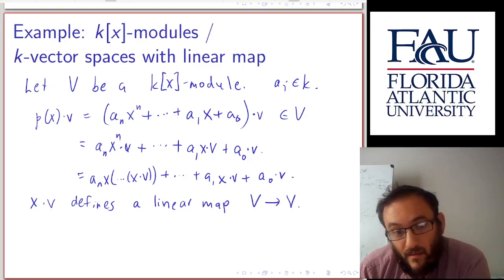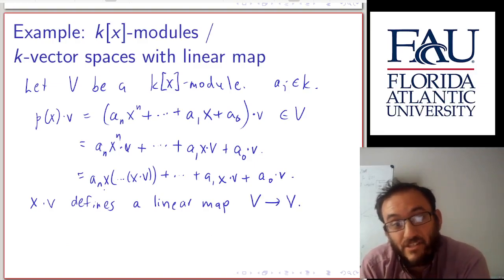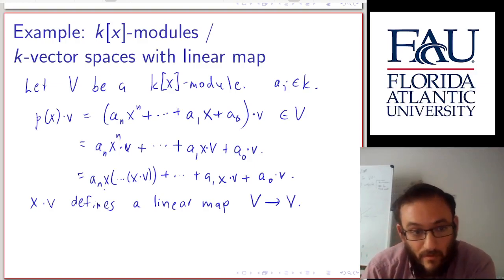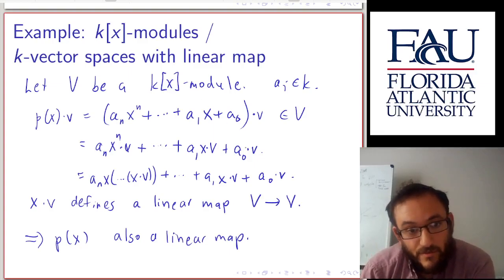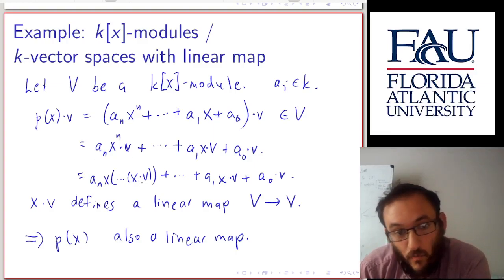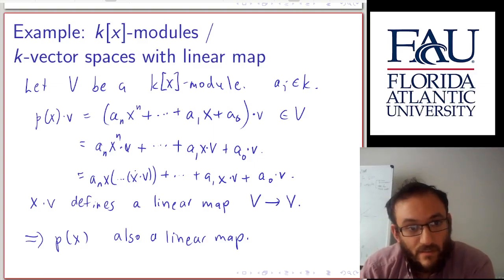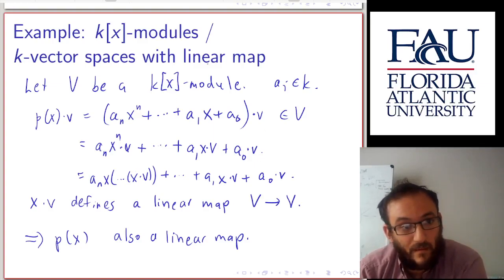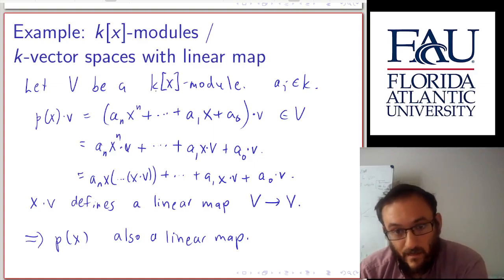The rest of the polynomial's action can be determined just by iterating that linear map. So you do x once to get, for instance, x dot v. In the case of x to the n dot v, do x once, and whatever that result is, do x on that, etc. So this is also a linear map, but it's always going to be expressed in terms of polynomials in this linear map x.